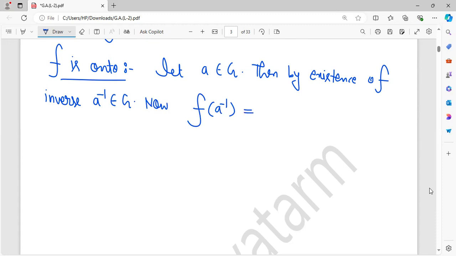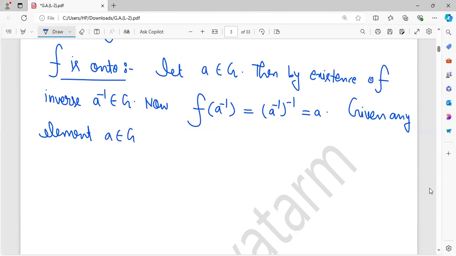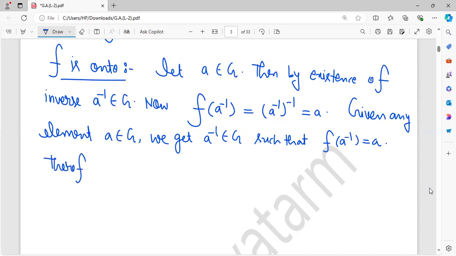That is nothing but A. So given any element A belongs to G, we get another element A inverse belongs to G such that F of A inverse is A. Therefore F is onto.